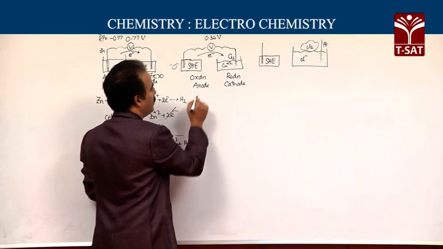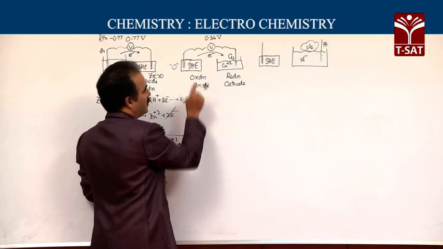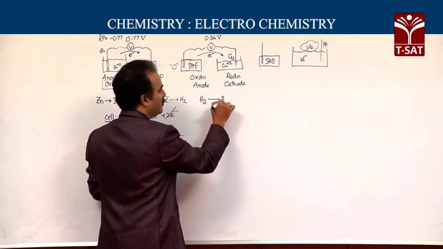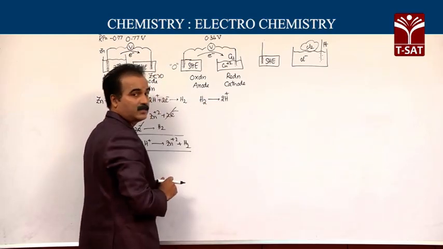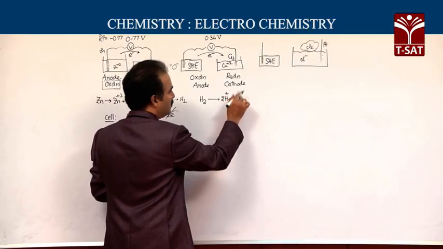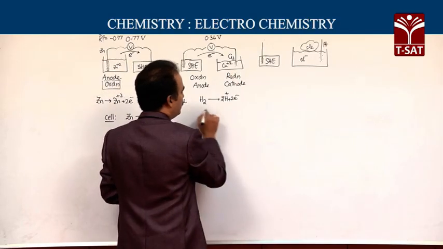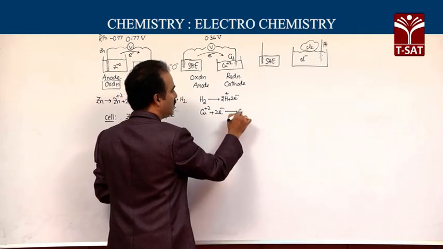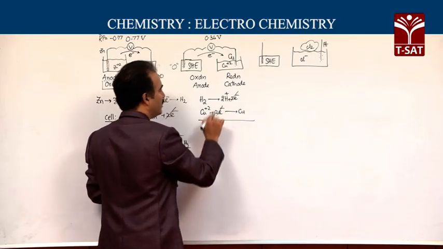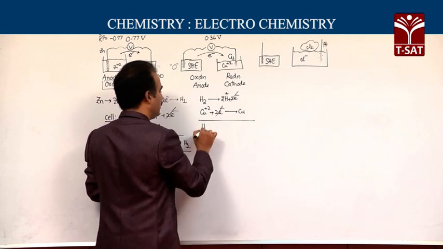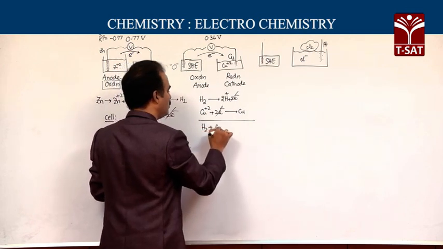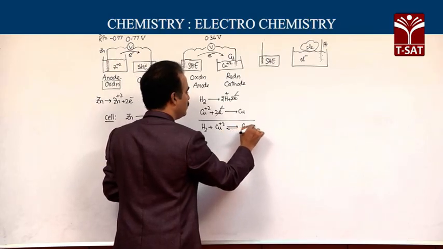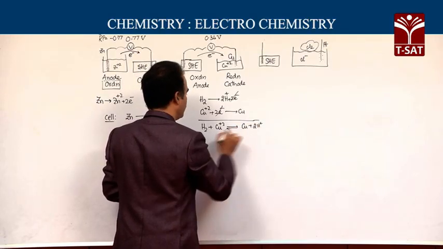So, corresponding reactions, oxidation at the standard hydrogen electrode. Oxidation means what? Hydrogen should become 2H plus 2 electrons. What is reduction? Reduction means copper plus 2 taking 2 electrons and becoming copper. The overall cell reaction of this cell is H2 plus Cu plus 2 gives rise to Cu and 2H plus.